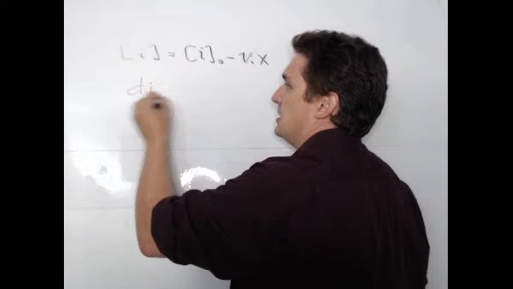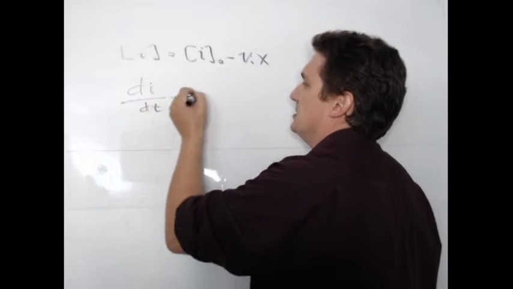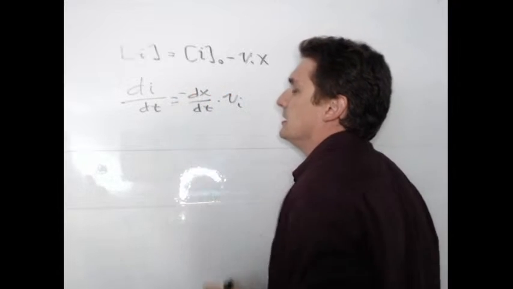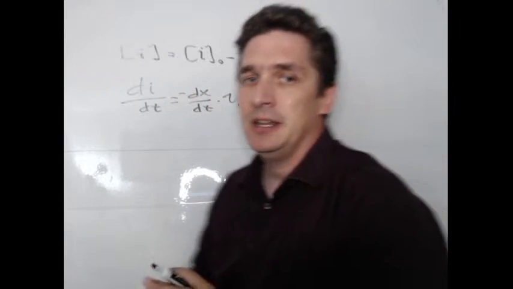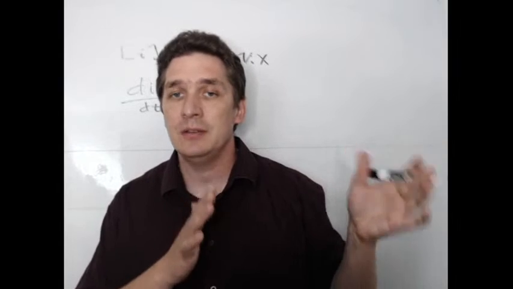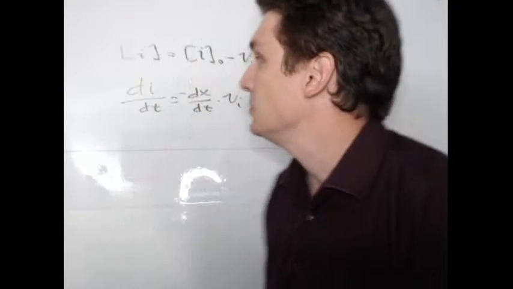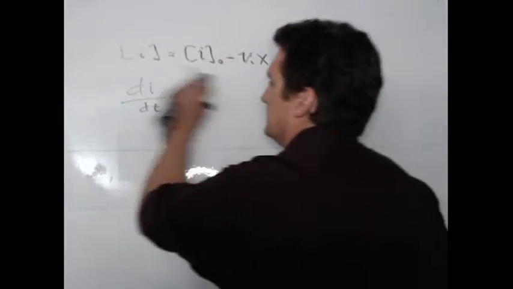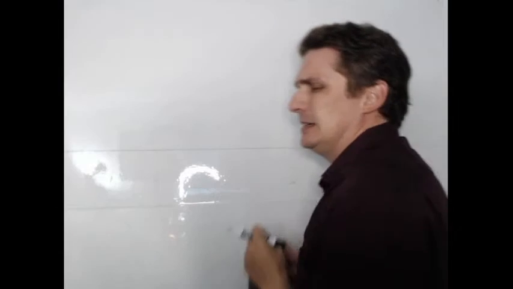So the change in concentration of species i is just dx/dt times nu i. Because of that, we can convert any reaction into an ODE, an ordinary differential equation, so it can always be solved. Not particularly useful in this class because we don't do calculus, but I hope that answered your question.